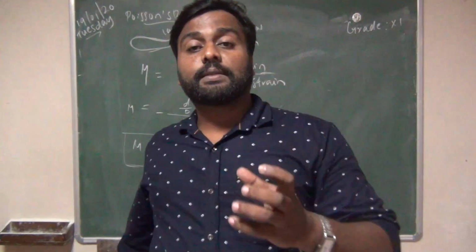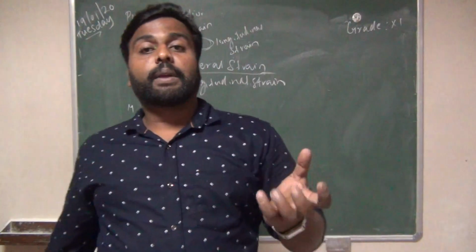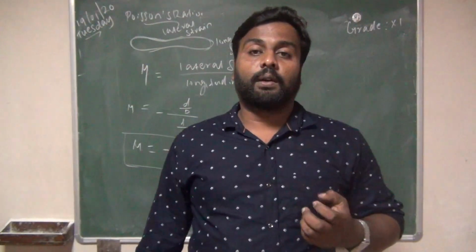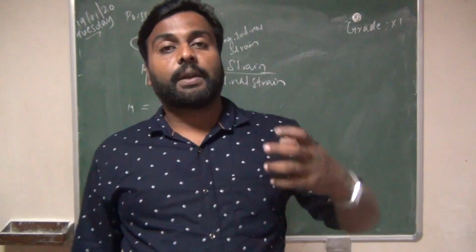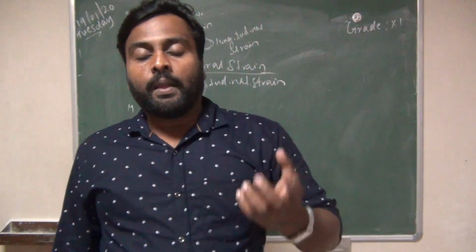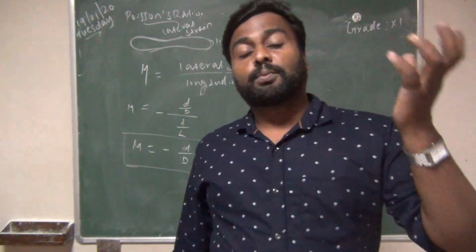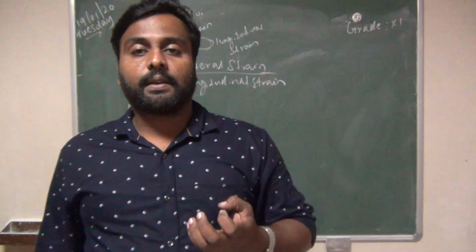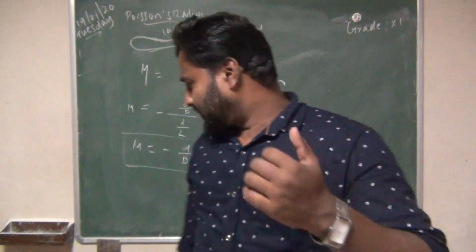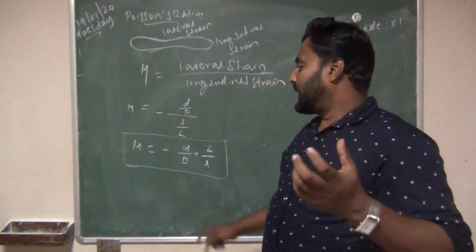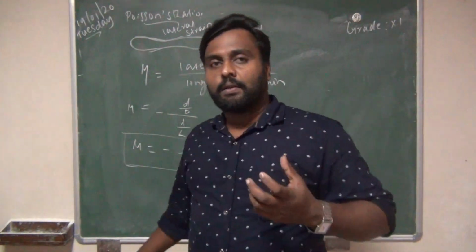Here small d means the diameter after stretching the wire, capital D means the diameter before stretching the wire, capital L means the length before stretching the wire, and small l means the length after stretching the wire. Now, what is this negative symbol?